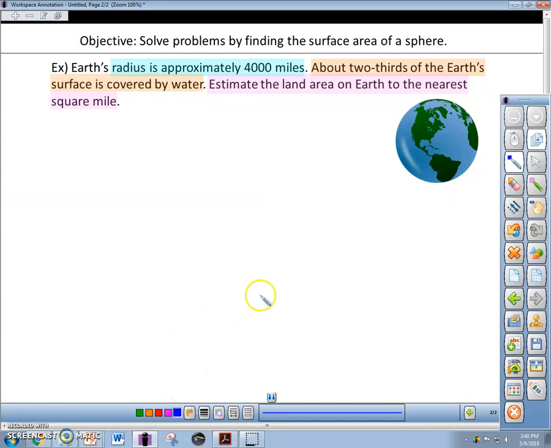And what we do have to understand, though, is then if we are to estimate the land area, what portion of the Earth would be represented by land. So we're looking at understanding here that if 2/3 of the Earth's surface is covered by water, then 1/3 of the Earth's surface is covered by land to give us a total of one whole surface of the Earth.